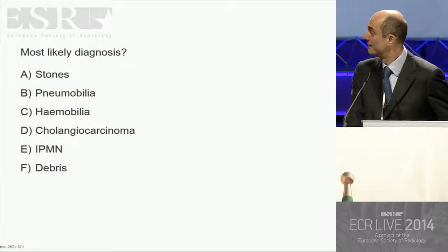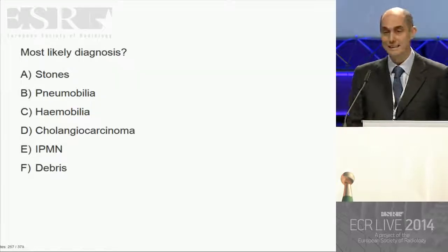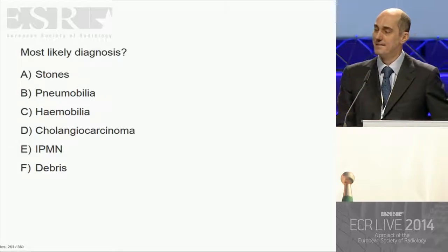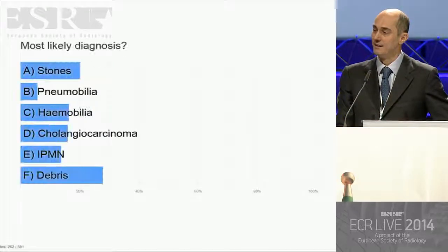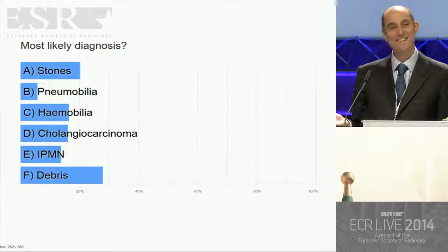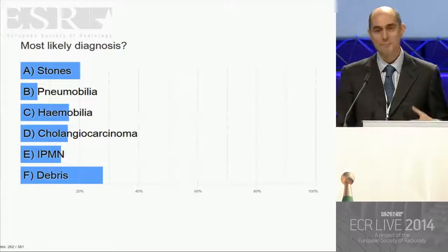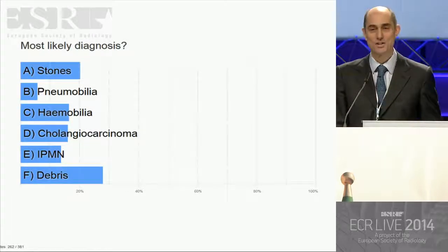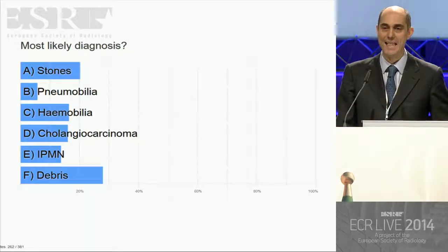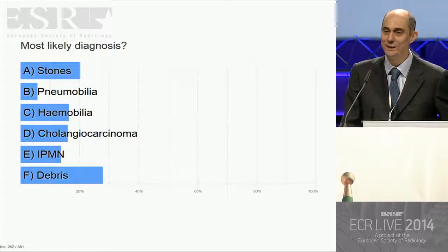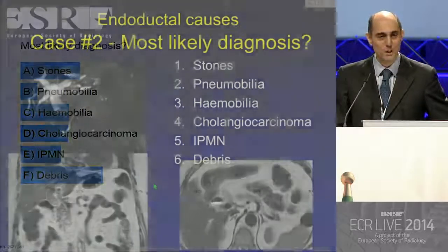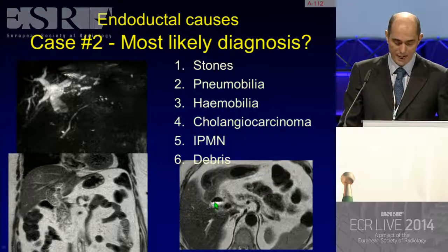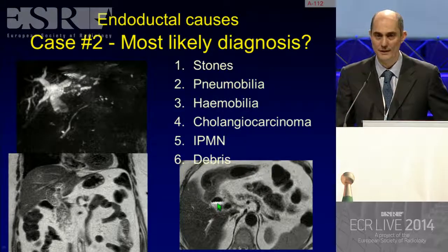And we are dealing again with an endoluminal filling defect. So the answer is... there is a lot of uncertainty here, probably because you need the image that is helpful for the diagnosis, and this is the axial T2 weighted image, in which we do see the air fluid level in this patient.